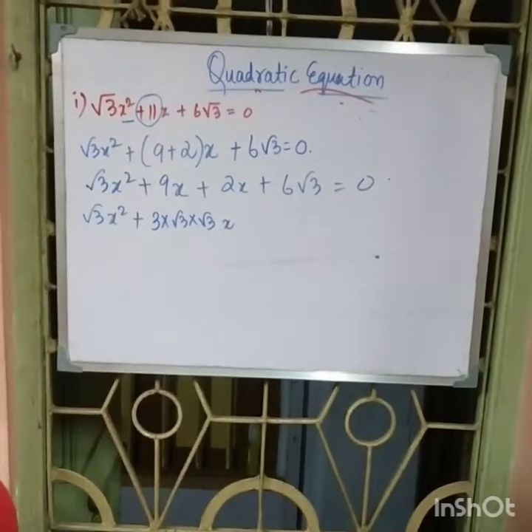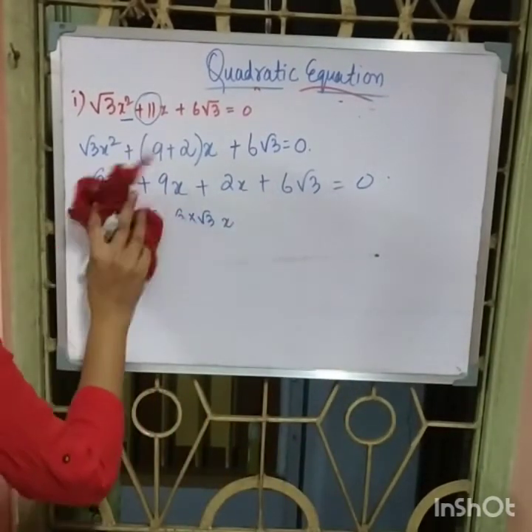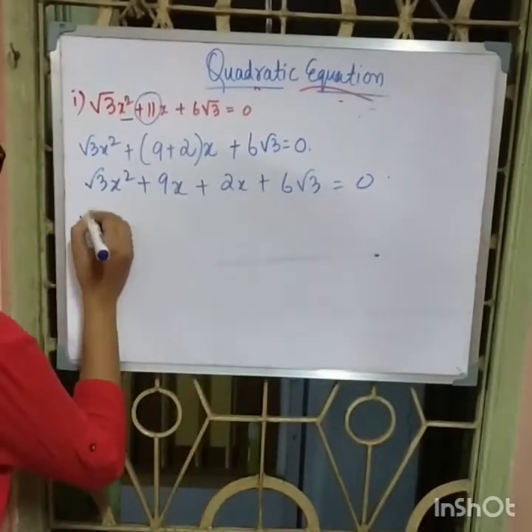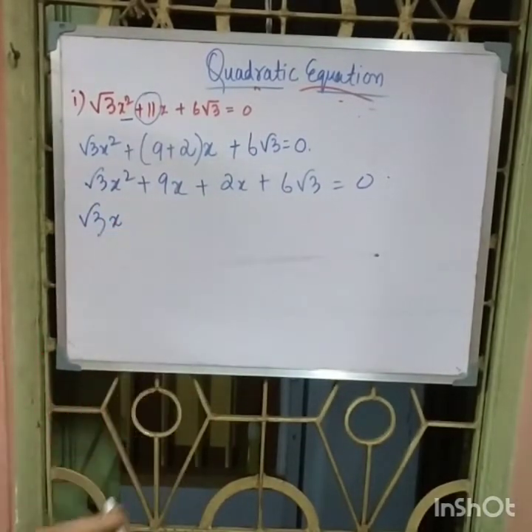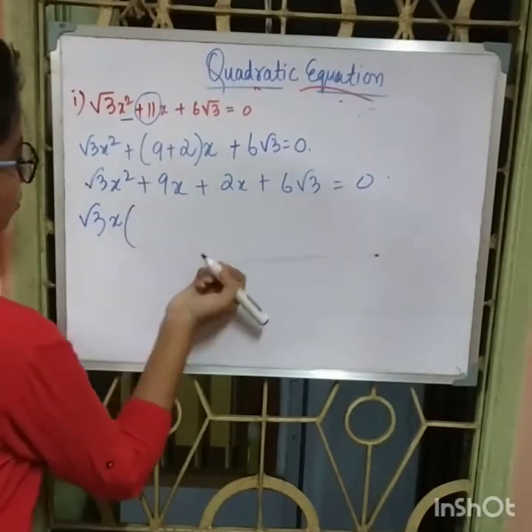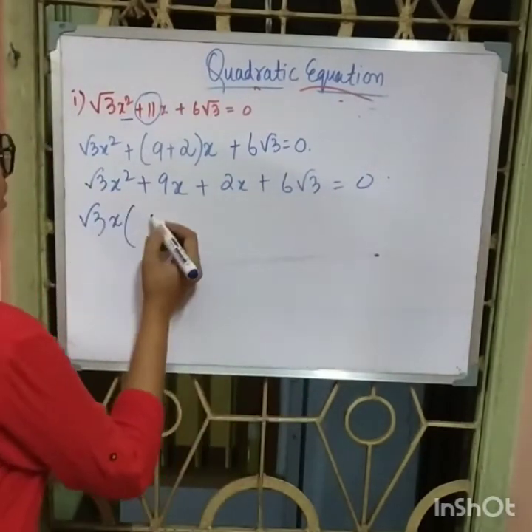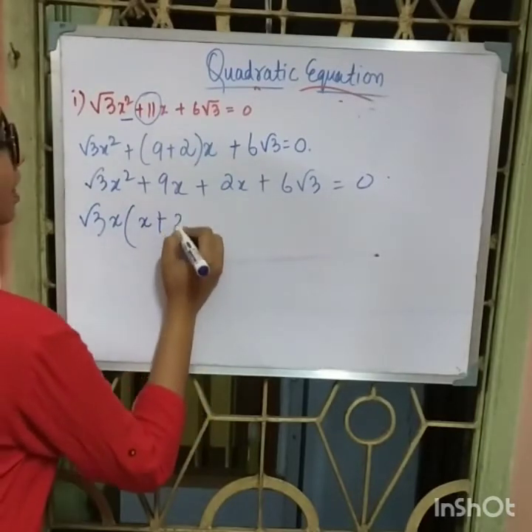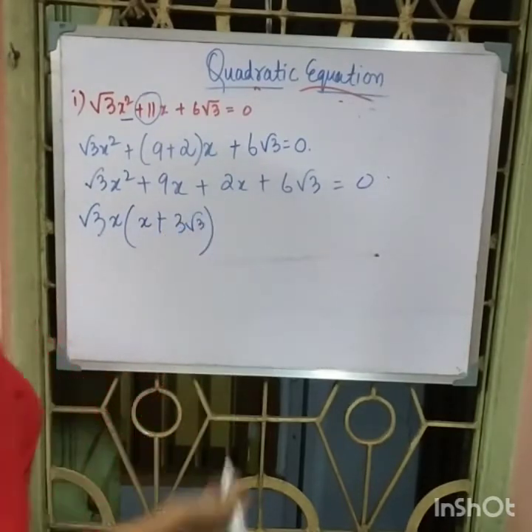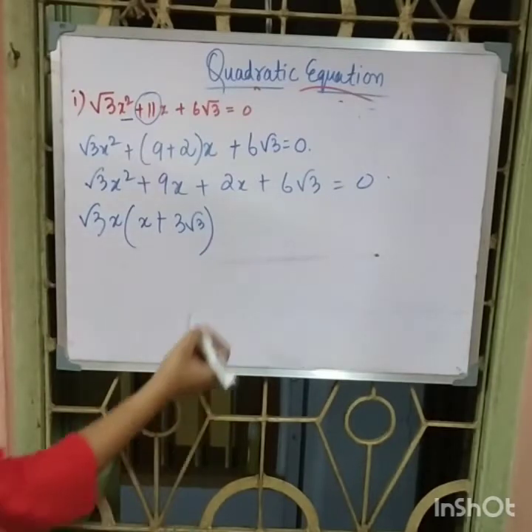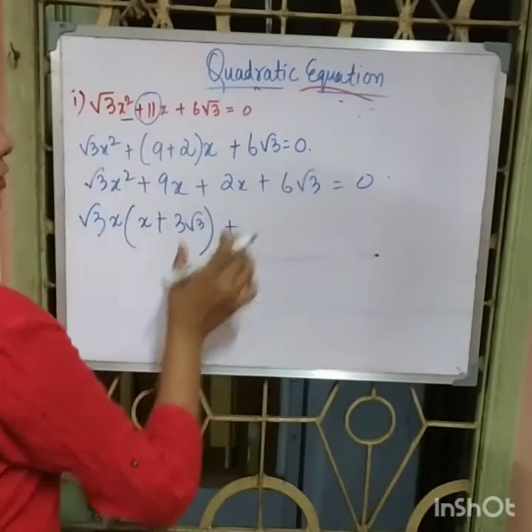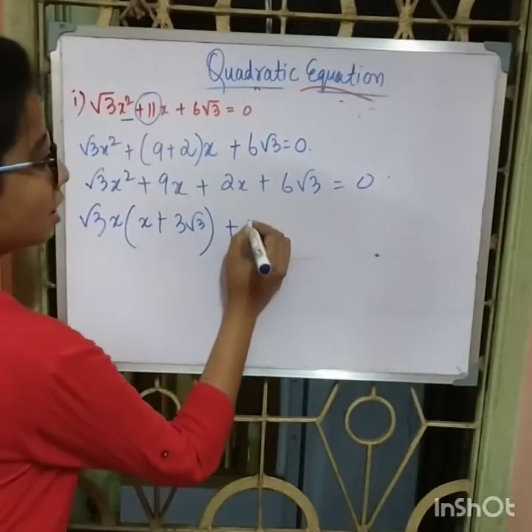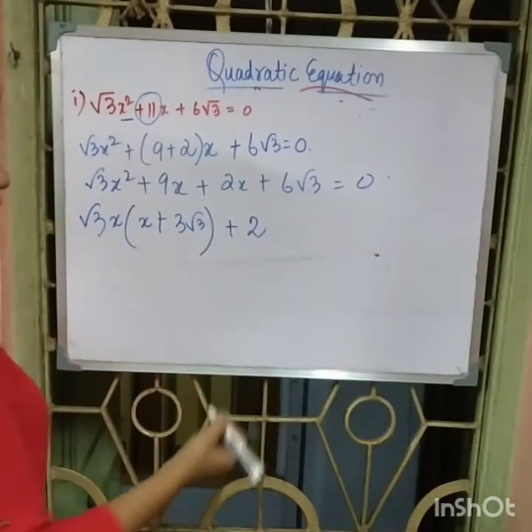So from both of the terms, what we can get common is x and root 3. So I'll take root 3 common and x common as well. What we are left with here is only x, and from here we are left with 3 into root 3. From here we can take common as well, what we can take common is 2.